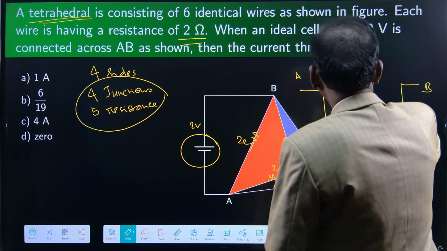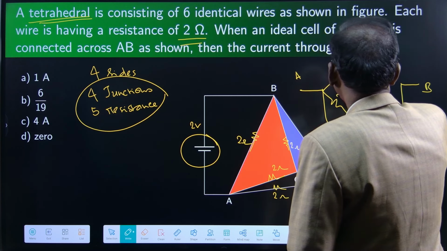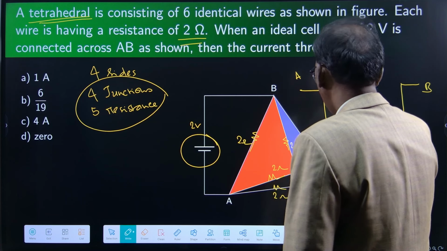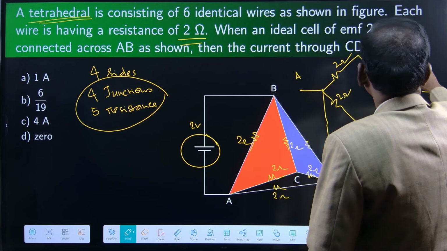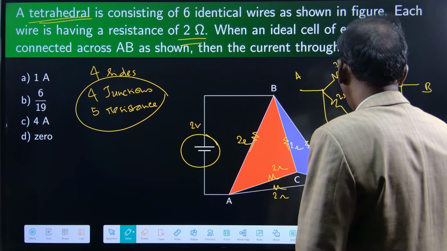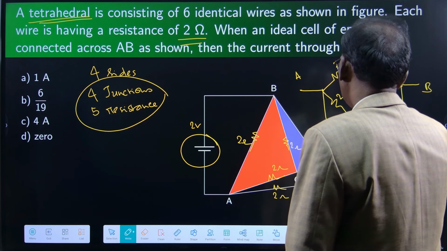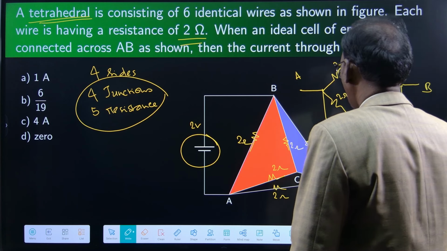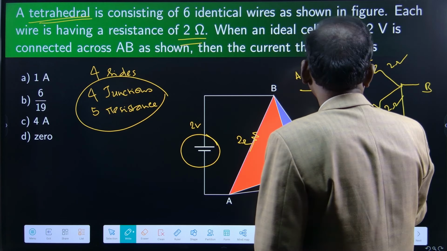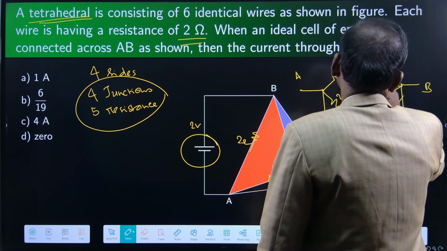Between A and D, 2 ohms. Between B and C, 2 ohms. Between B and D, 2 ohms. Between C and D, 2 ohms.